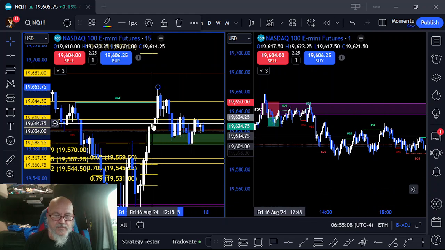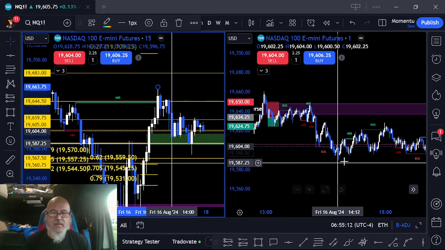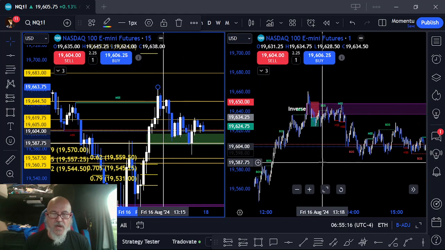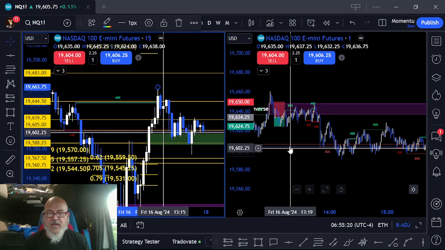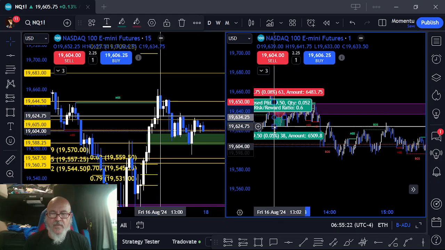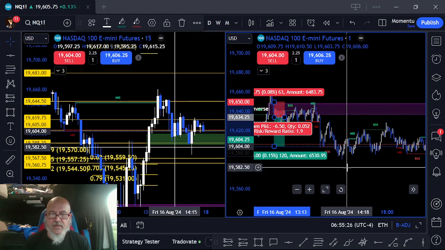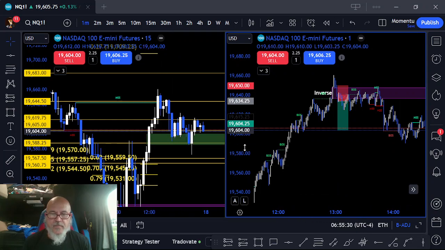Now, I did not hold this trade waiting for the 6.2 all the way to 4 o'clock. This was a fairly quick trade that I entered and got out of pretty quick.